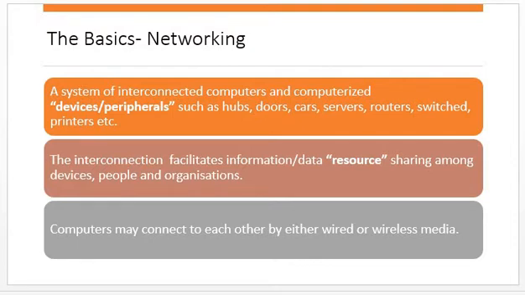So from our definition that we used previously in fundamentals of information systems, we said a network is a system of interconnected computers and computerized devices or peripherals. So in this case, I highlighted this part, devices and peripherals.